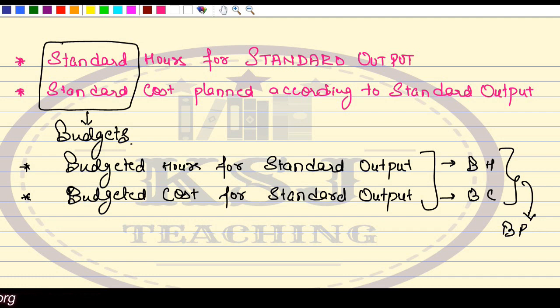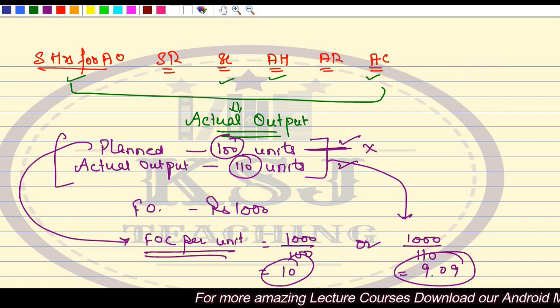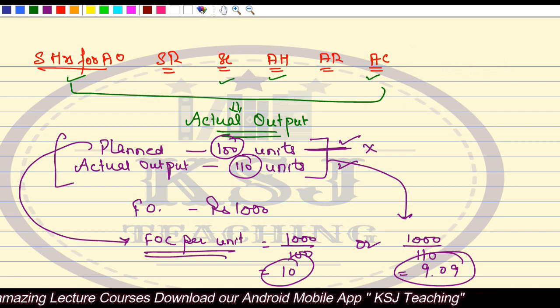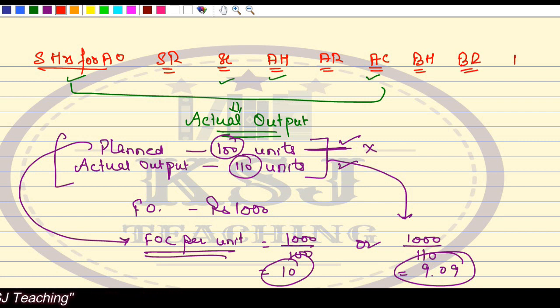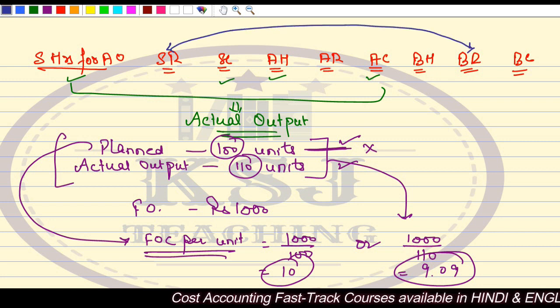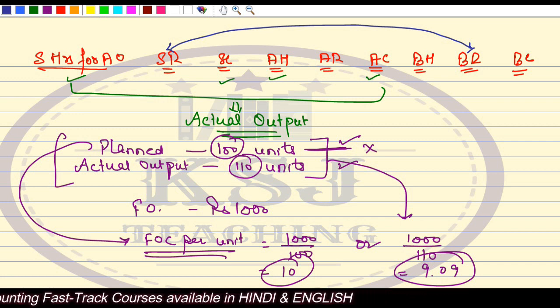Now, if we talk about the table, in the table we are going to add 3 more columns, right? So here we will write budgeted hours, budgeted rate and budgeted cost. The standard rate and the budgeted rate will be the same. It is one and the same thing, and this will always be the same.